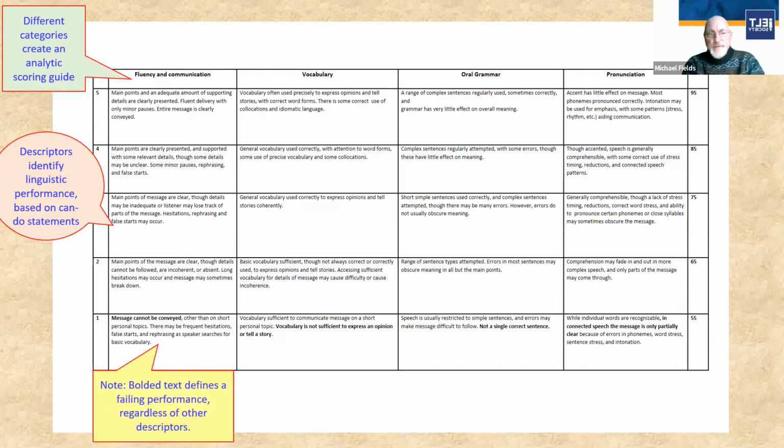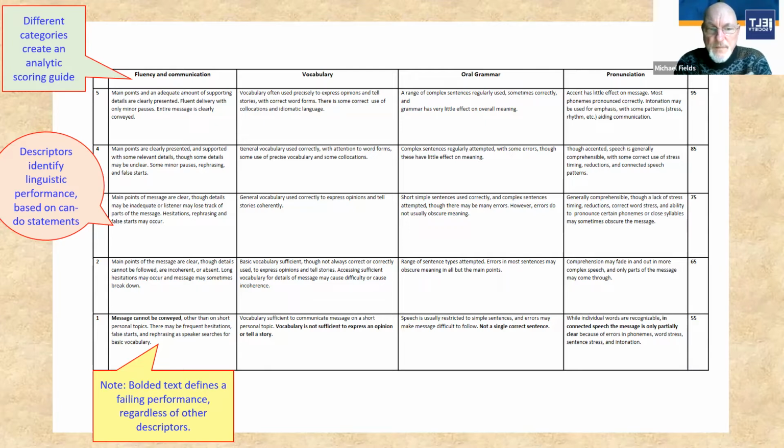Now, some advanced tricks. We see at level 1 here, which equates to a failing score, these bolded texts, like message cannot be conveyed, or vocabulary is not sufficient to express an opinion or tell a story, or not a single sentence correct. These are sort of limits.